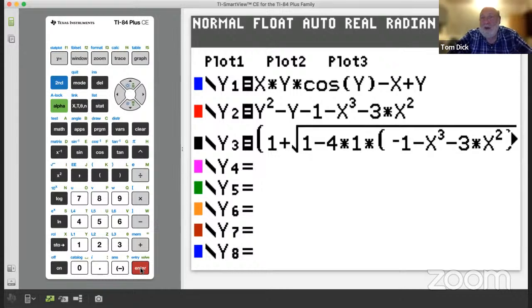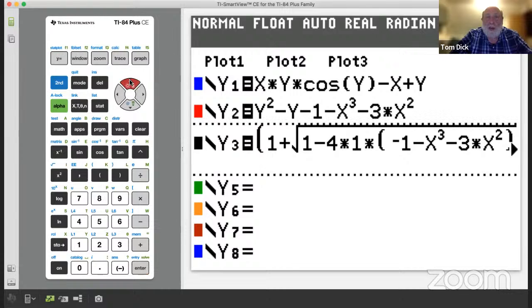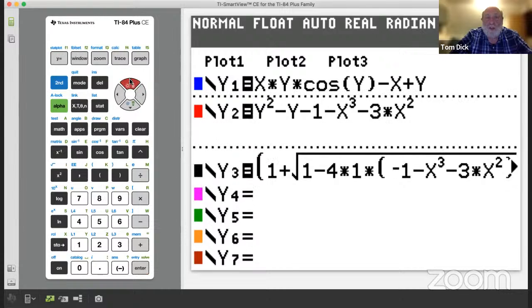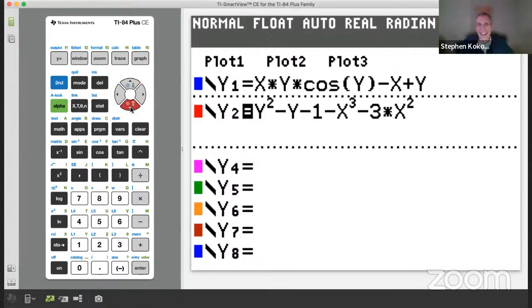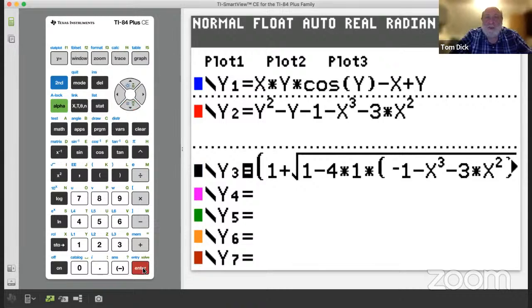And if I graph this, we should get a function graph, but it should look like some piece of Steve's curve. So let's try a graph. Actually, let me go ahead and turn off these other two functions because I'm not even sure what they would show up as. Okay, so we'll just graph y3.